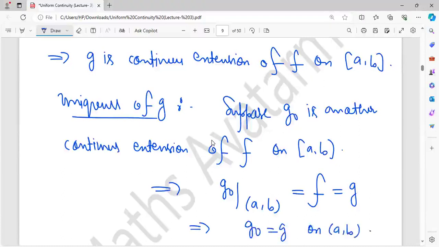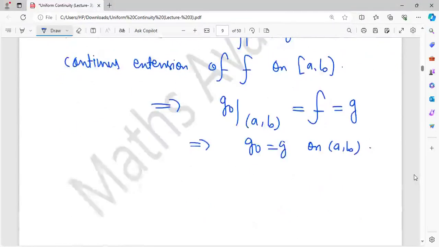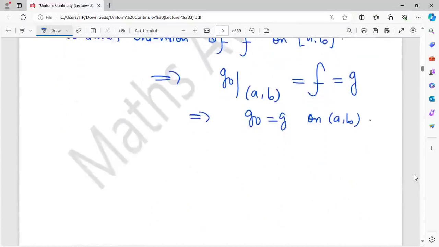Now we have to prove it on the boundary. If it is equal there, then g0 will be equal to g on the closed interval [a, b]. So let x tend to a plus. Then g0(a) will be equal to the limit, because g0 is continuous at a.